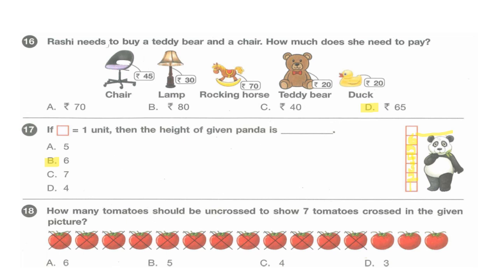Question number 18. How many tomatoes should be uncrossed to show 7 tomatoes crossed in the given picture? Option A 6, B 5, C 4, D 3.